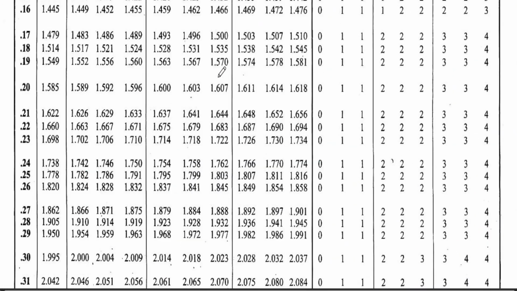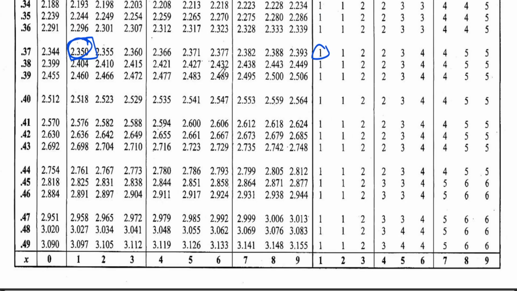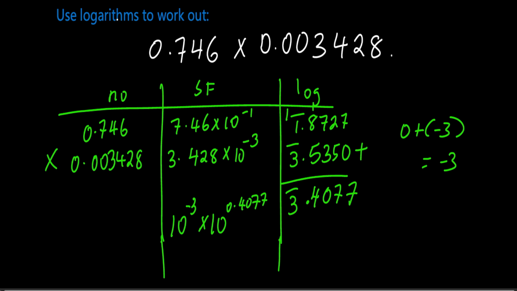So, let's search for the antilog of 0.4077. This is the antilog table for 0.4, then 0, and 7. We're supposed to take 2.553 and add 4, which gives you 2.557.